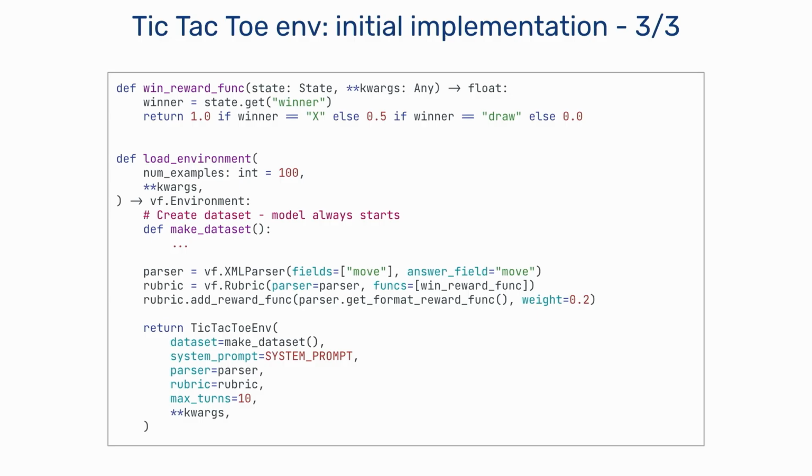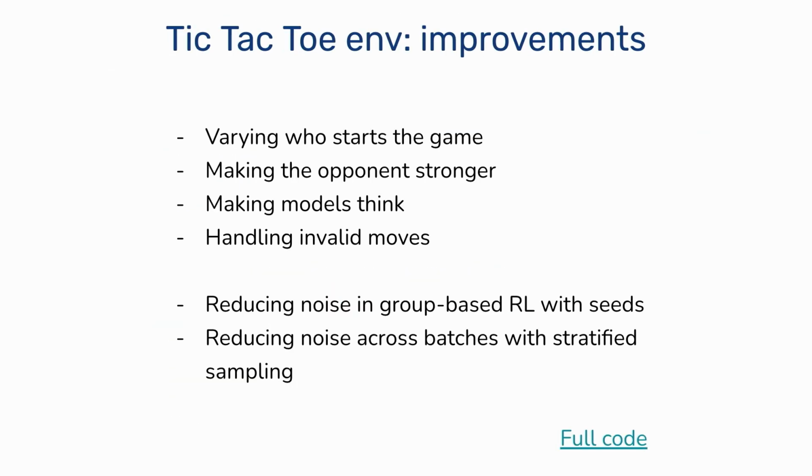I then iterated over this while trying both to evaluate models and to train models. And so I made some improvements. First of all, we want to vary who starts the game. Sometimes the model, sometimes the environment. Then playing against a random opponent is not realistic.